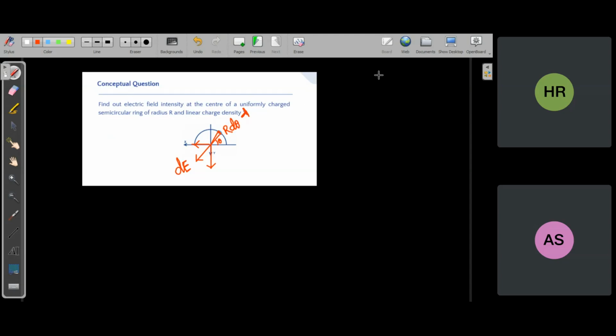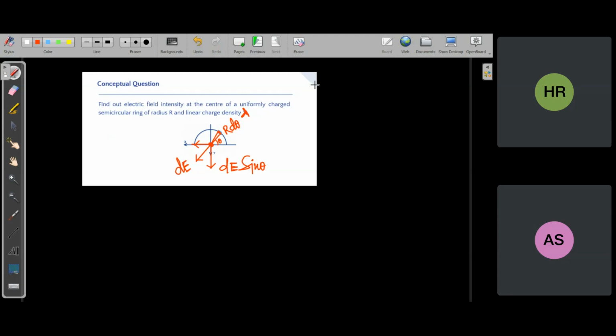Yes, sir, I'm getting it. So then you will calculate dE, and then to find the net electric field at the center, what will you do? See, one component will get cancelled, right? Check whether dE sine theta gets cancelled or cos theta gets cancelled. So this will be dE sine theta. From symmetry also you can say in which direction there will be net electric field. Calculate it.